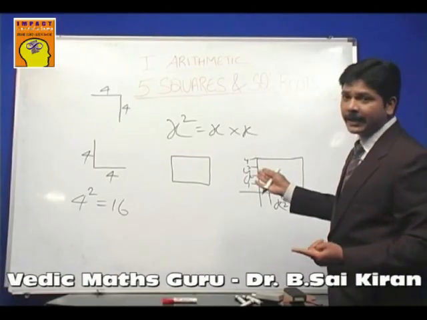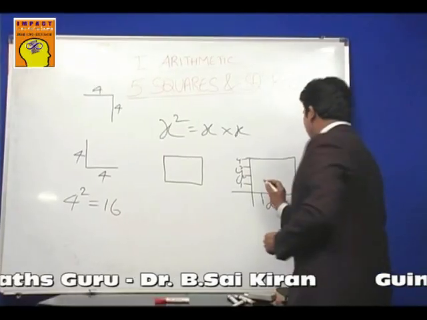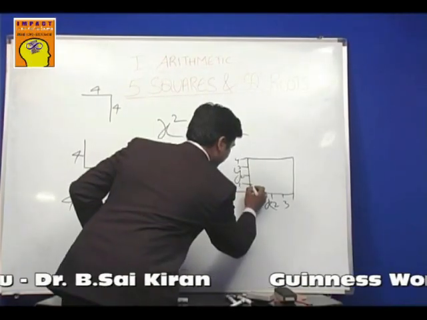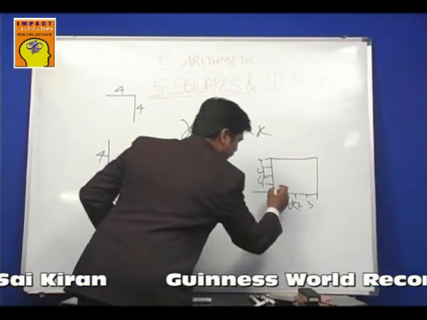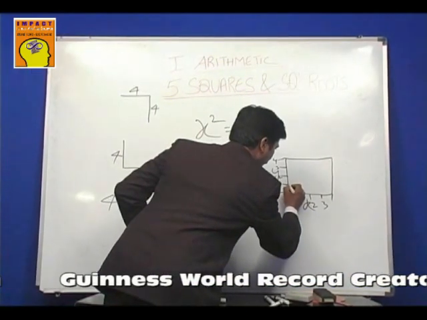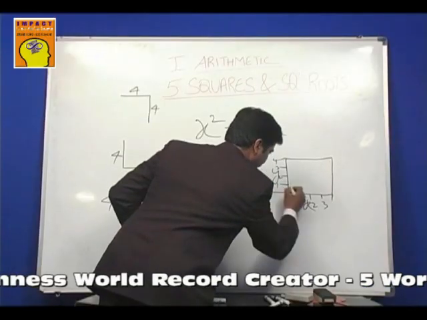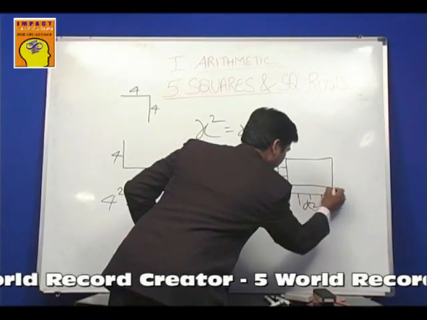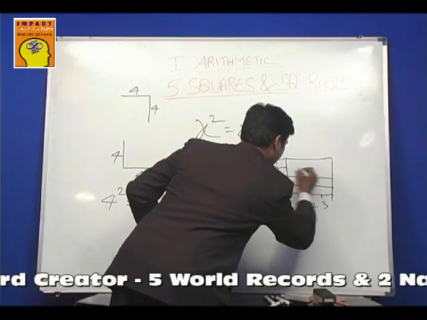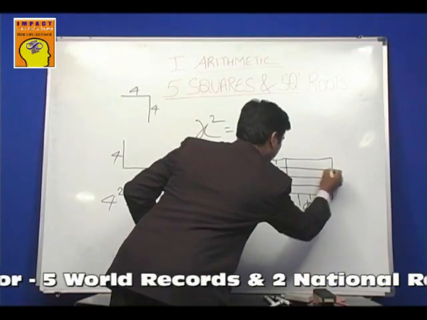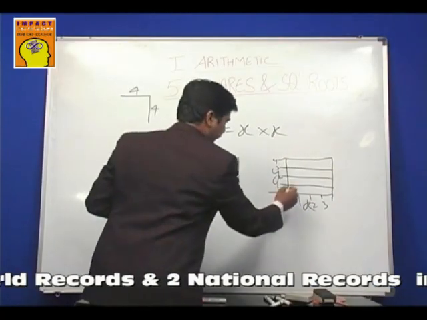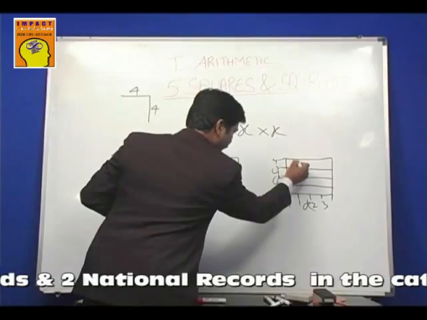Now, I'll show you how the area is 16. Just connect this. First draw horizontal lines for y, and for x, I mean vertical lines, okay? Just join them, see?